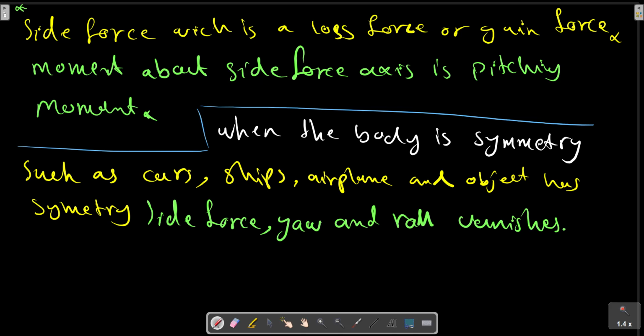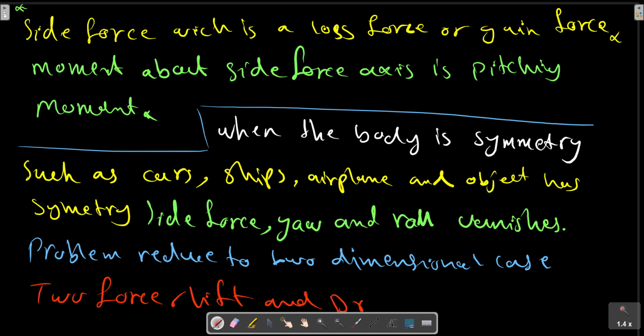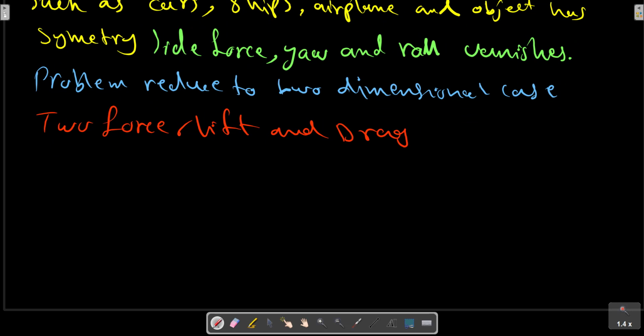And the problem is reduced to a two-dimensional case: two forces, lift and drag, and one moment, pitch.